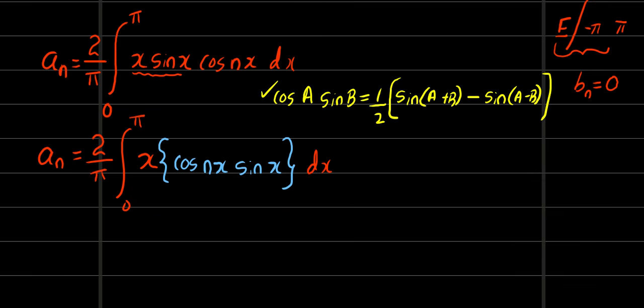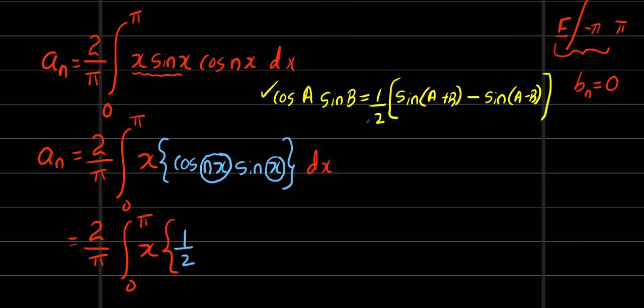Now let's come back to our question. So this is like 2 by pi integral 0 to pi x into, okay, so 1 by 2 brackets. I'm going to apply that formula cos A sin B. So look at this. Instead of A we have nx, and instead of B we have x.